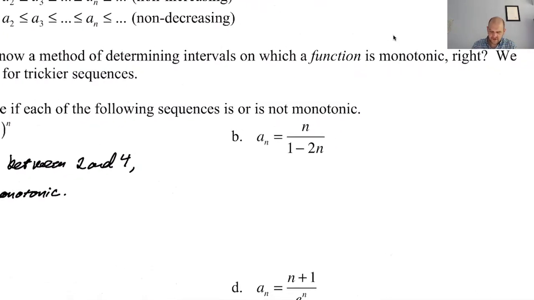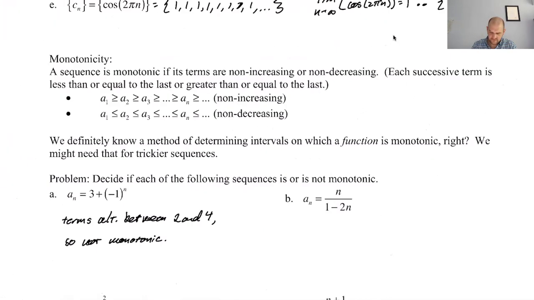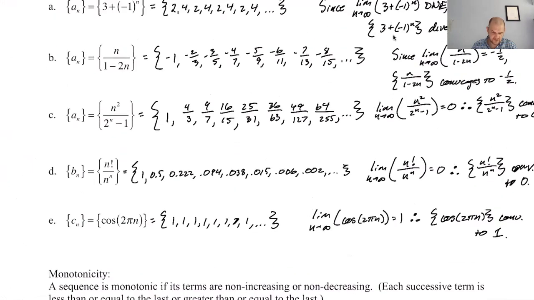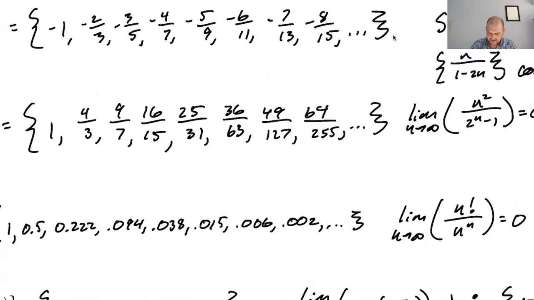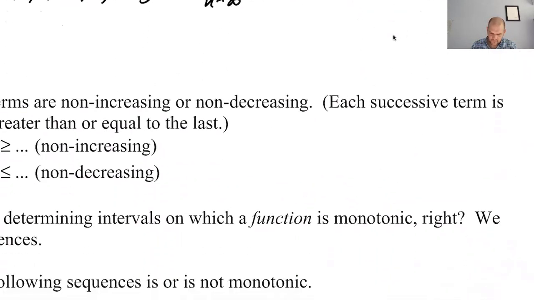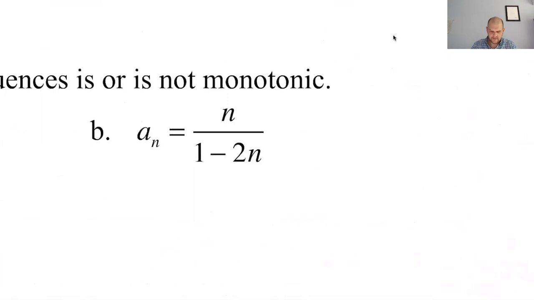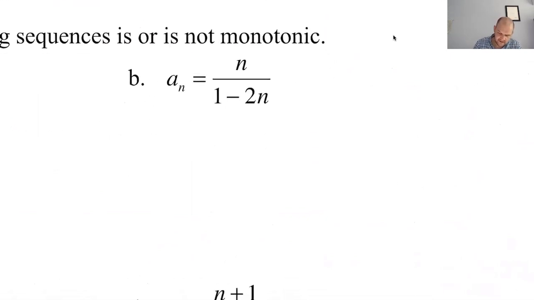Now this one, we actually have the terms up above, n over 1 minus 2n. So it goes -1, -2/3, -3/5, -4/7. So we're approaching -1/2. This is monotonic, I think. What I want to do is say f of x is x over 1 minus 2x.